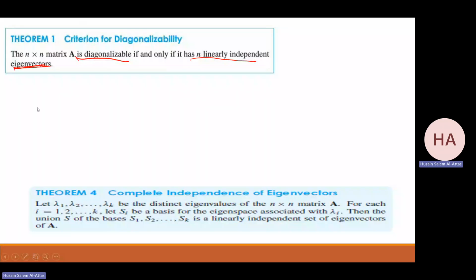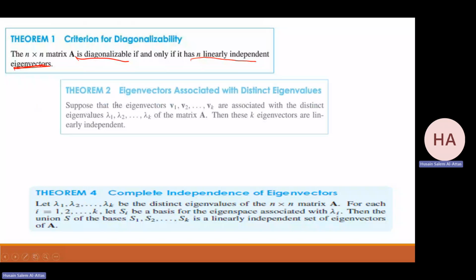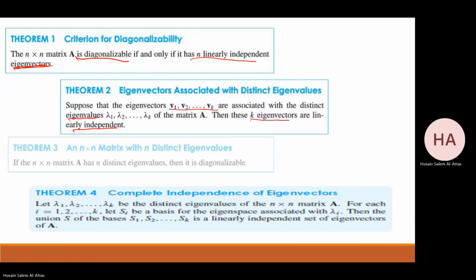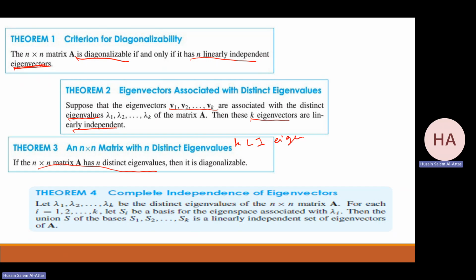So I'll try to find eigenvectors. And by the way, if you have k eigenvectors associated with distinct eigenvalues, then all of these eigenvectors are linearly independent. So if the n by n matrix has n distinct eigenvalues, then it has n linearly independent eigenvectors, which means it's diagonalizable by this theorem.